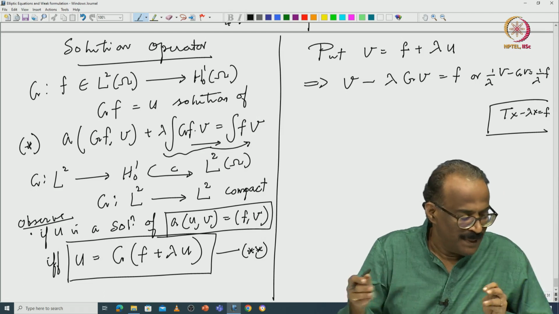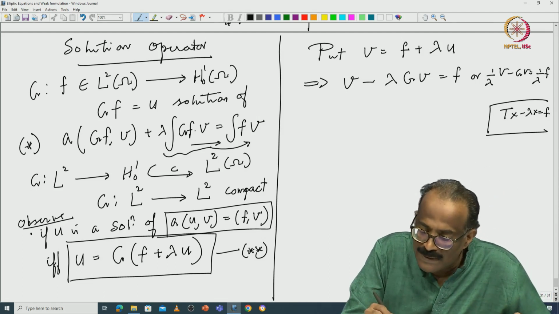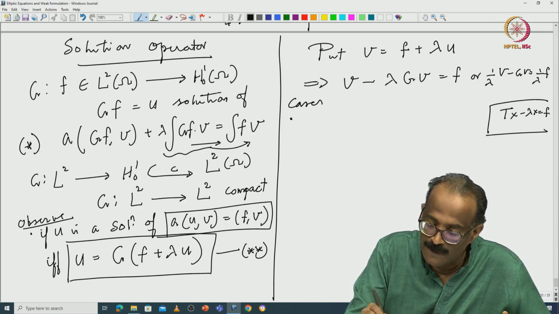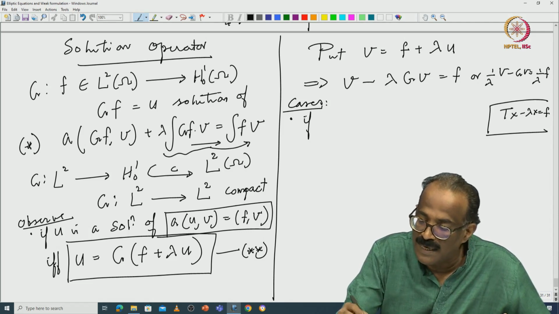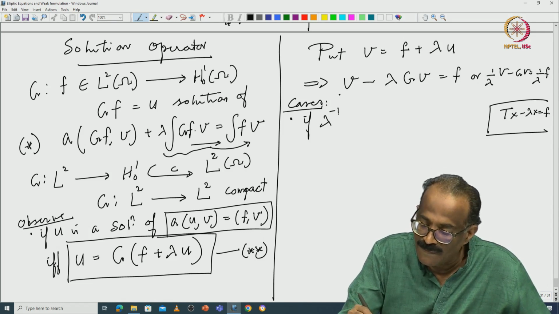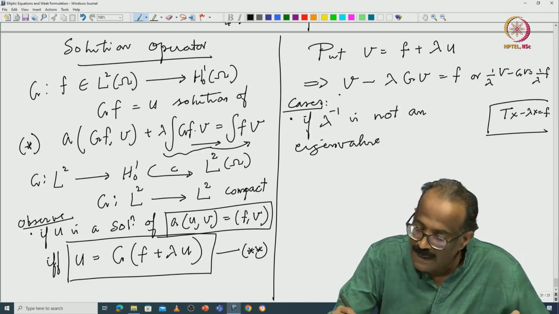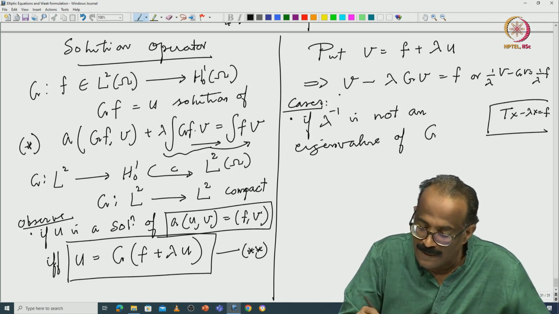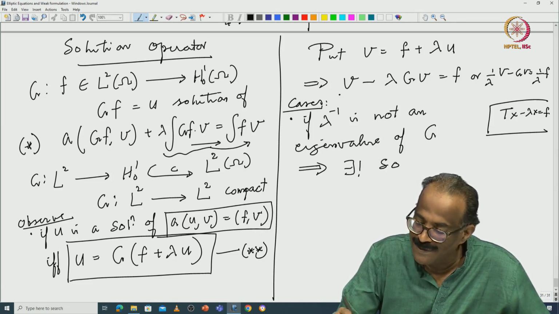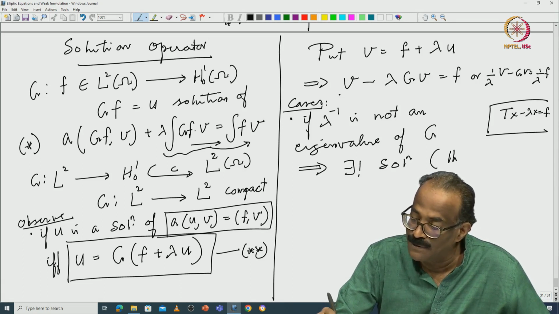So that immediately proves, so now two cases. If lambda inverse is not an eigenvalue of G, then that implies there exists a unique solution. This is the case d equal to 0.